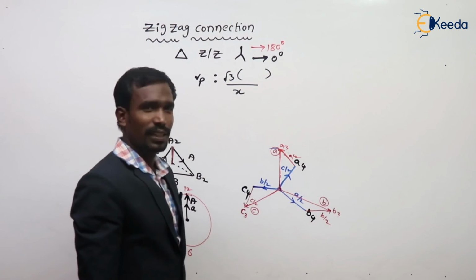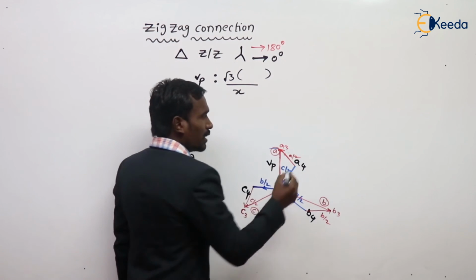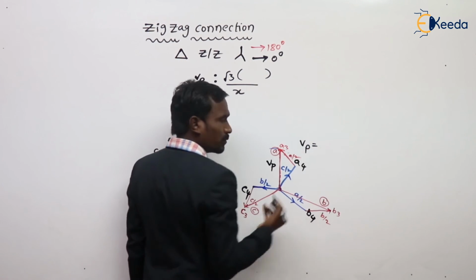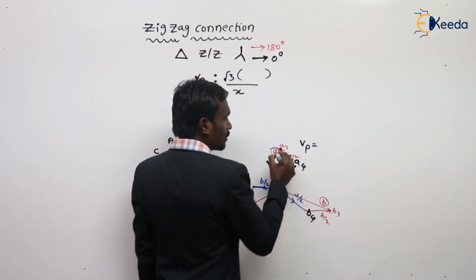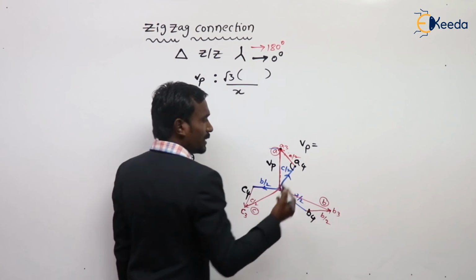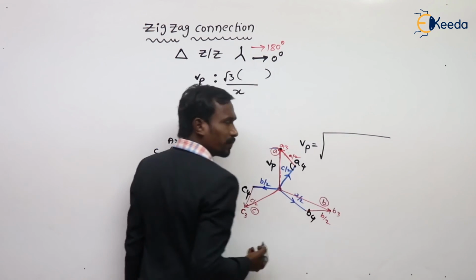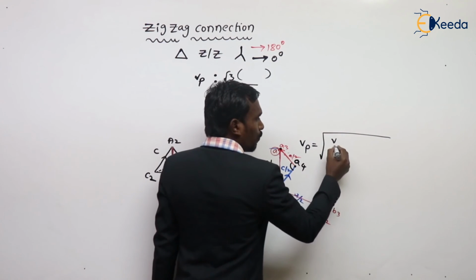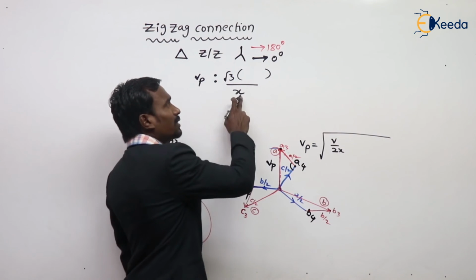What is the phase voltage? This is phase voltage. Here V phase is equal to this one plus this one with 120 degrees. Nothing but square root of V by 2x, where x is this one.